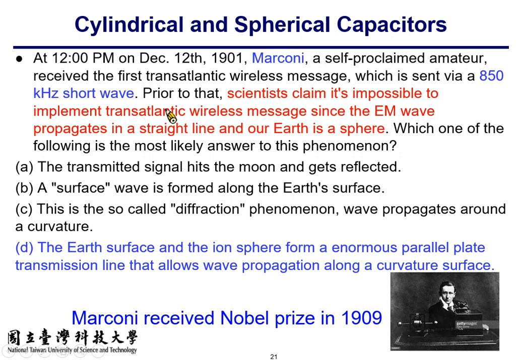And why did they receive the signal from England? Because above the atmosphere, well, actually this is part of the atmosphere, there is the so-called ionosphere. 电离层 ionosphere.